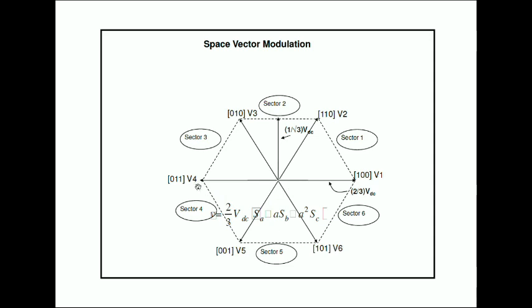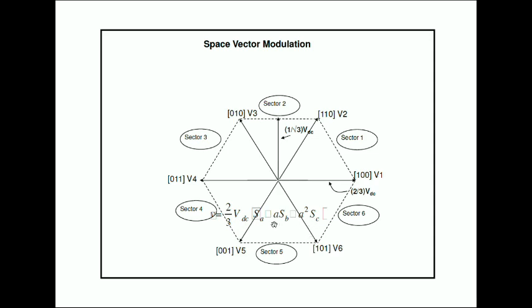V4 is when 011, means SB and SC are 1. That means SB and SC are active, and SA is 0. Then the direction will be A plus A square. This is A and this is A square. If you add them, you will get this vector, with the magnitude the same, 2 by 3 VDC.